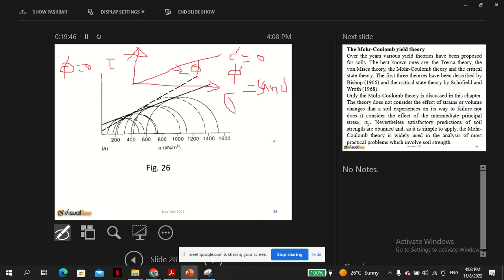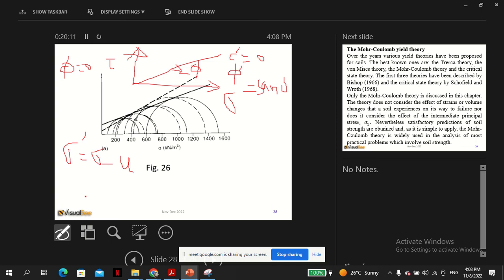Because sand has good permeability, when you're doing the test, the drainage can occur effectively. Now for clays, the soil strength is governed by effective stress, where this equals sigma minus u.